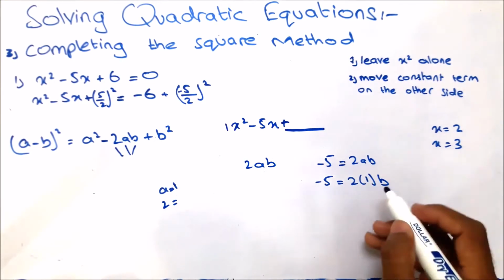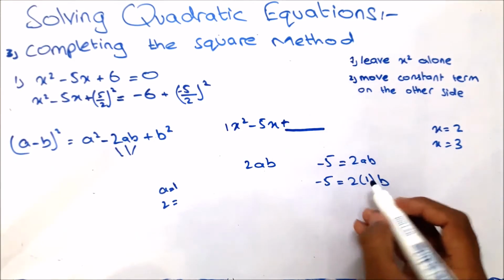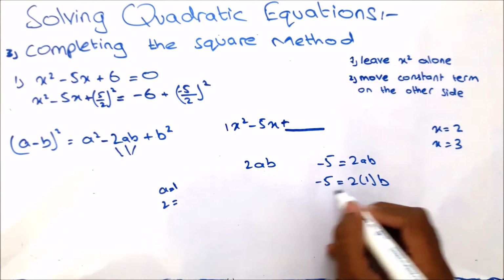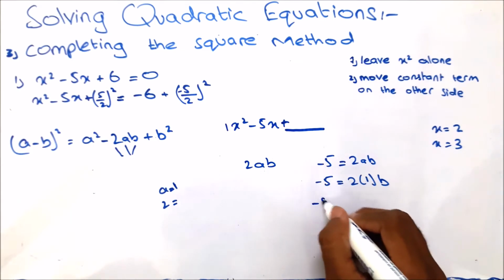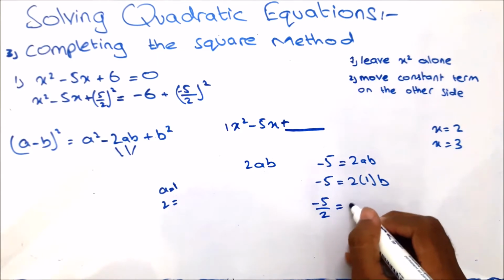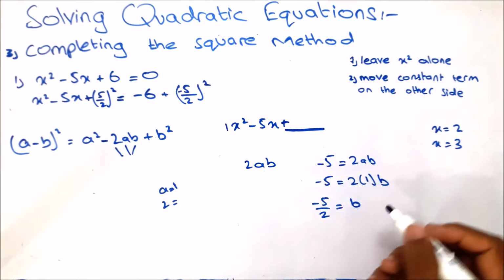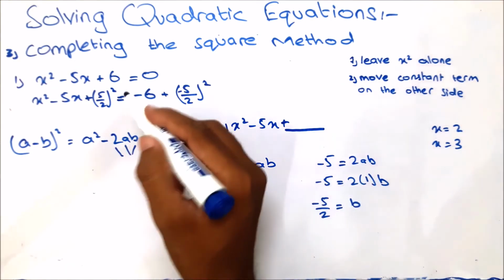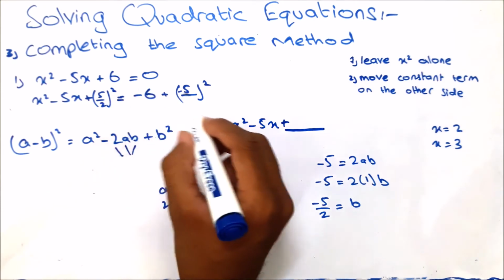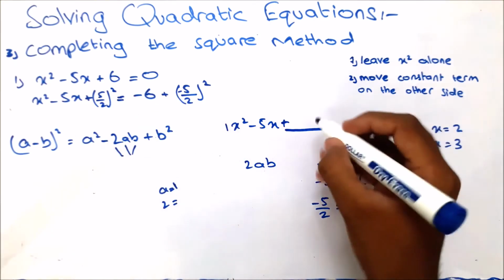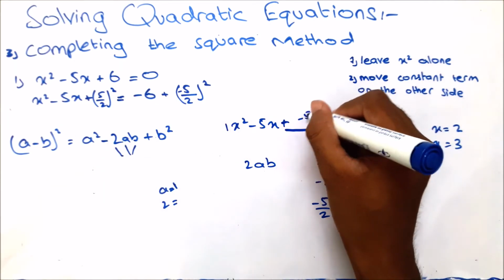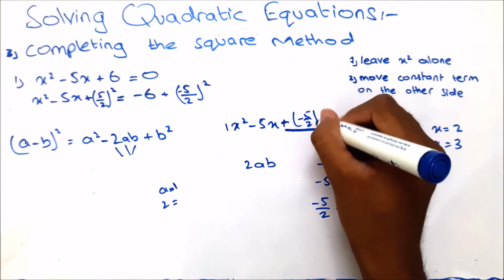So we need our b. What is our b? We divide by 2 on both sides. We get minus 5 divided by 2 equal to b. 1 times b is just b. So we get our b, and we squared it over here and over here as well. So this became minus 5 divided by 2 whole square.